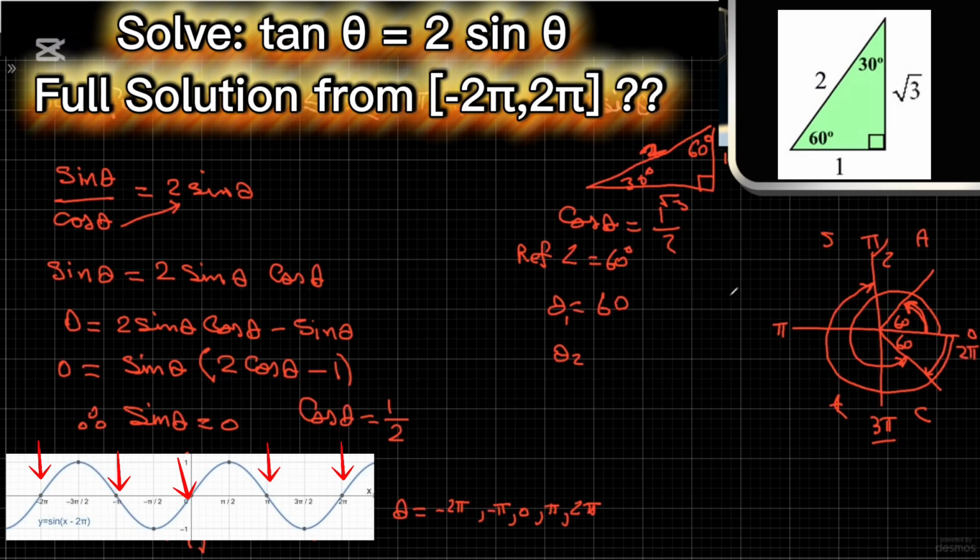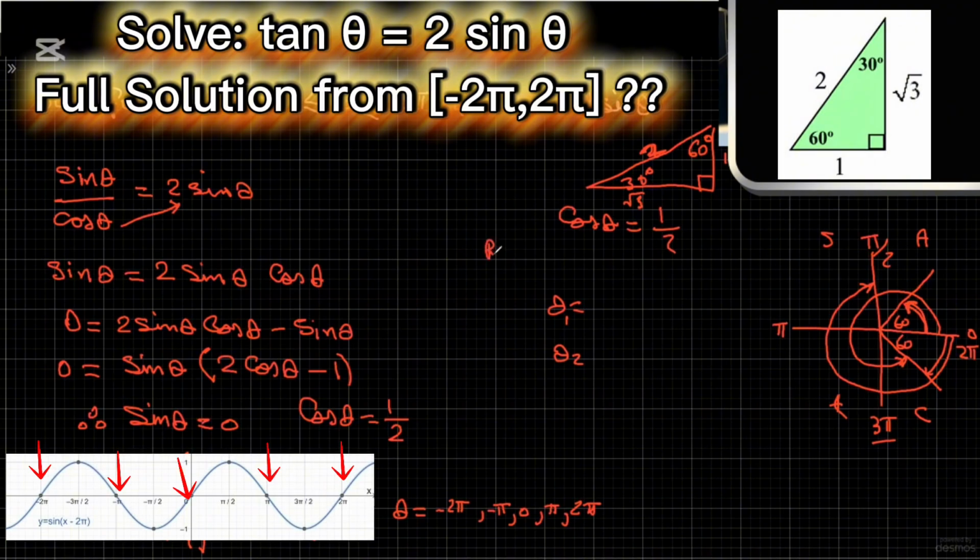Let me go back a bit, because I realized that we have to measure the angle in terms of pi and radians. So I'm just going to erase a little bit here. That's √3 right there for the side.